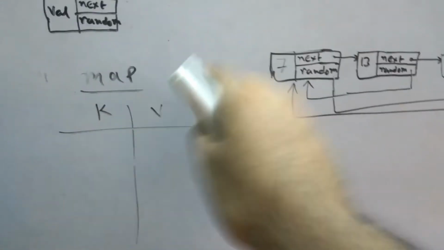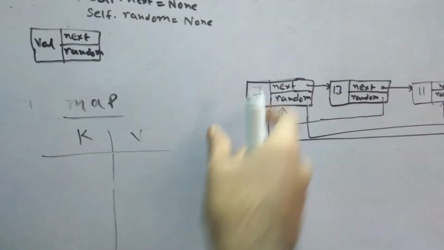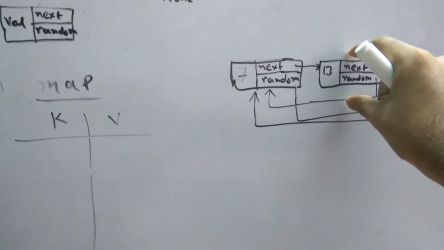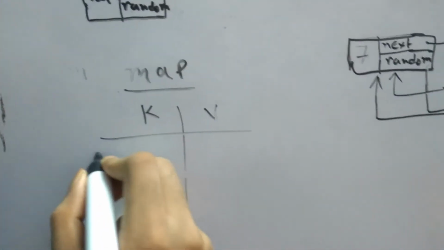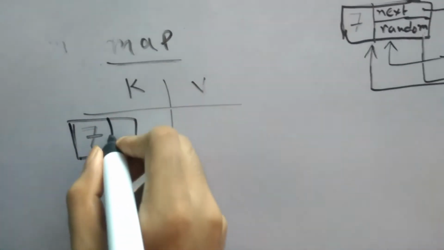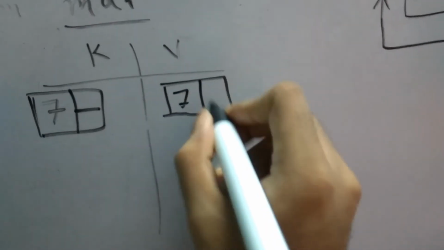Let's say we start traversing this list and we make a new node for each node we encounter in the original list. First we encounter 7, so let me draw it like this: 7. For 7 we make a similar node in our value, which is also 7.